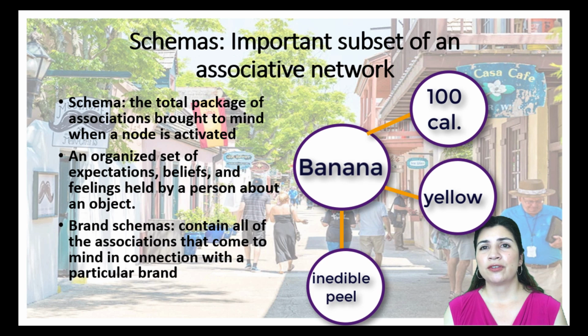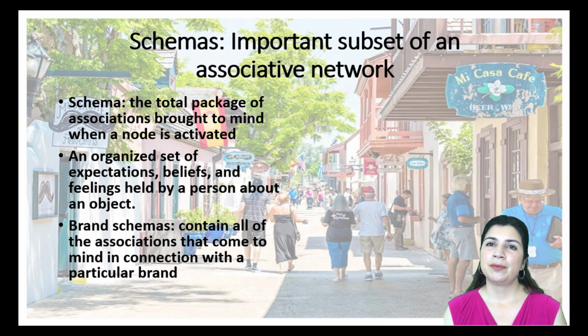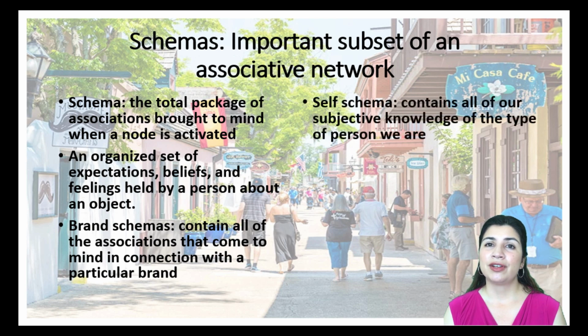We also have schemas for brands called brand schemas. Brand schemas contain all of the associations that we connect with a particular brand, such as Geico or Apple. We even have a self-schema, which contains all of our subjective knowledge of the type of person we believe ourselves to be.